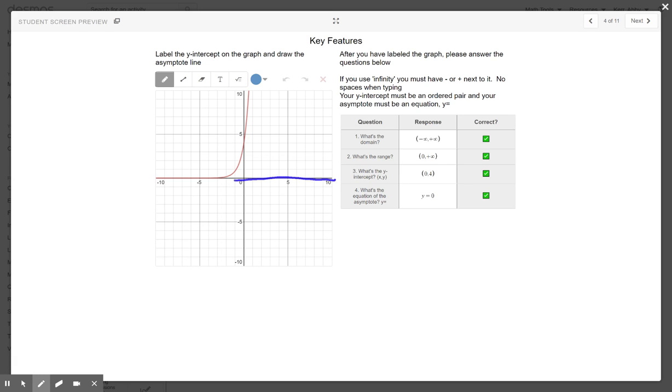That's that line right here. Remember, it's y equals 0. It's trying to reach 0. Also, here's the y-intercept, 0, comma 4. So the bottom number that the range is trying to reach, that is going to be the same number for your asymptote. Just giving you a heads up.